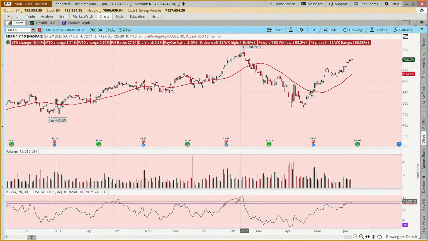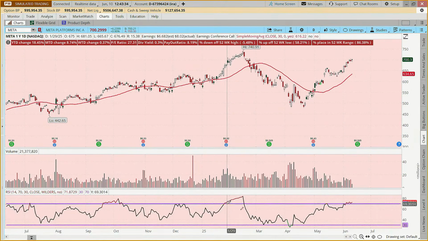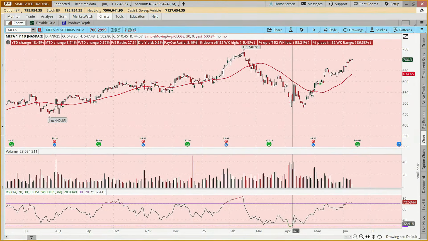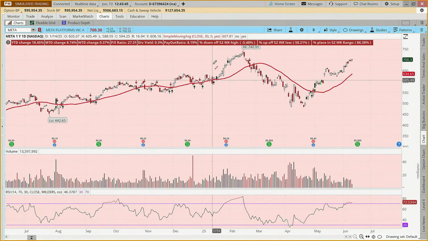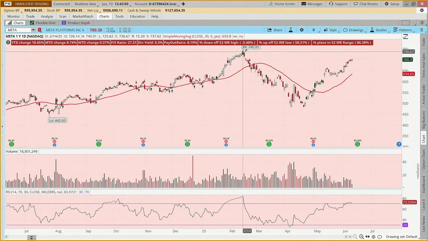So we have our 70 line here and our 30 line here. The 70 line indicates where it may be overbought. So you can see here where it crossed the 70 line up here, indicating that we were in pretty frothy territory. And then it came down.